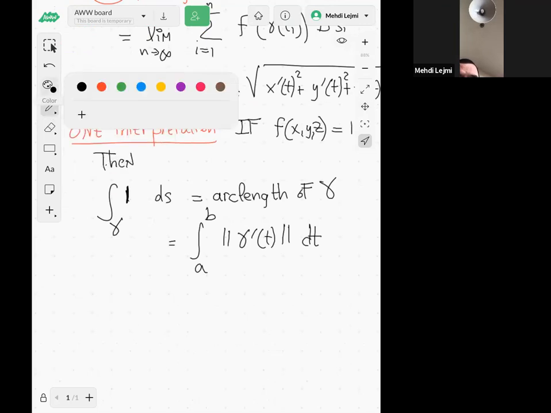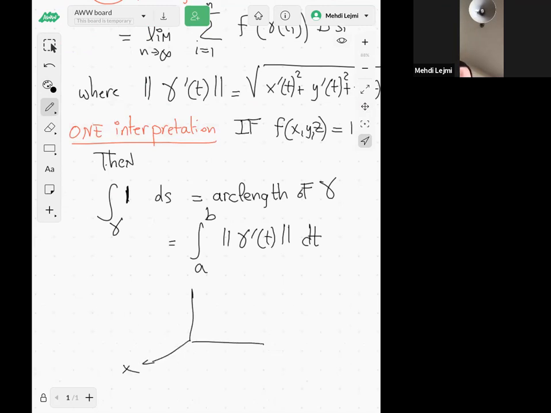This is not really bad. You have three coordinates x, y, z, and some curve. This is your curve gamma, with gamma of a here and gamma of b here. Again, gamma is not a straight line; it could be anything, a curve in one-dimensional space, possibly very twisted.